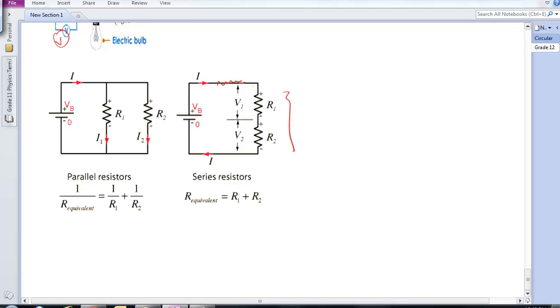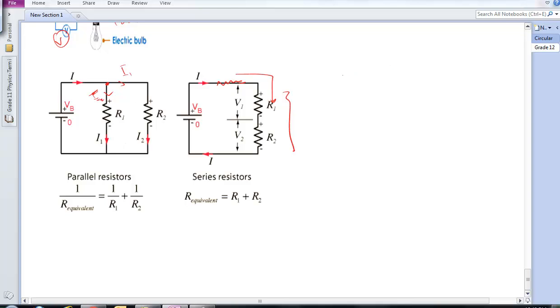So if we have a resistance here, those are also connected in series. While here, these are parallel resistances because the current is going to be divided into two paths. So this is a crossroad, which means this is a branched circuit.